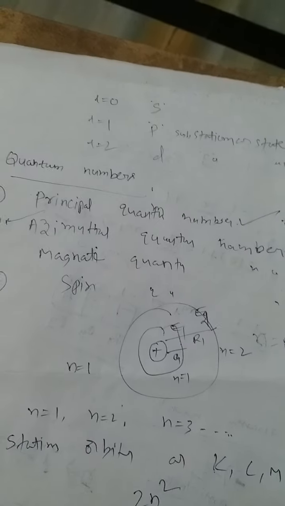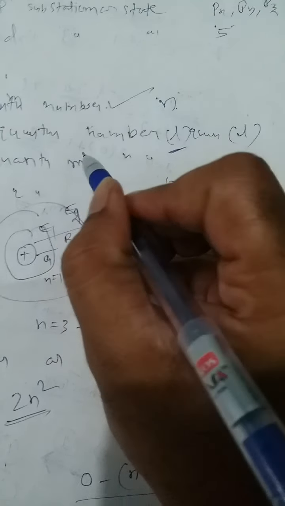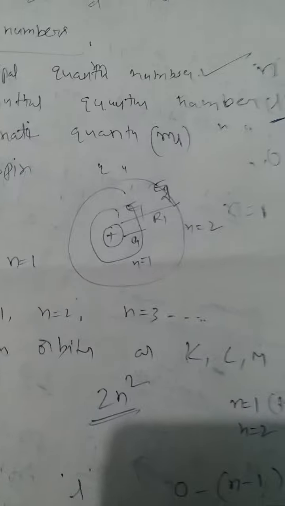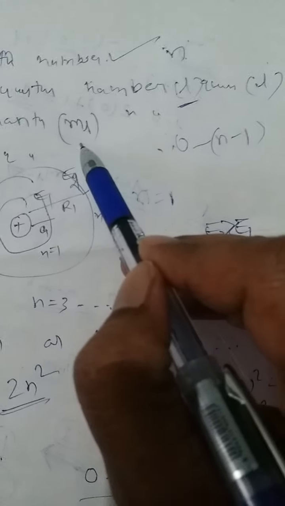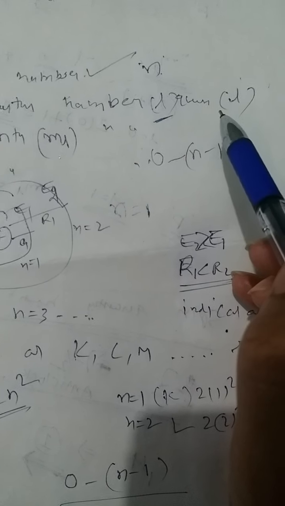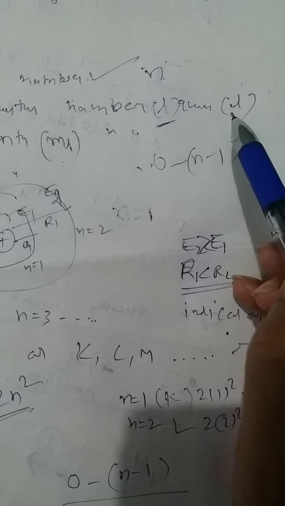Next we discuss the magnetic quantum number. The magnetic quantum number is denoted by ml. These ml values depend on the azimuthal quantum number l values.